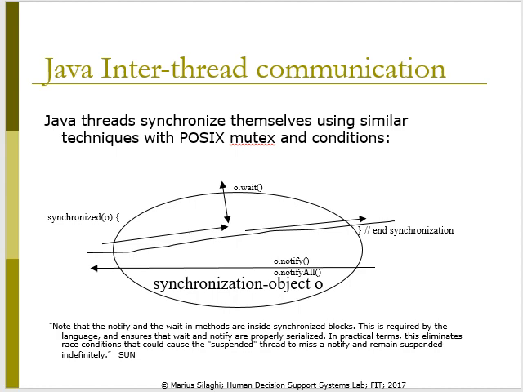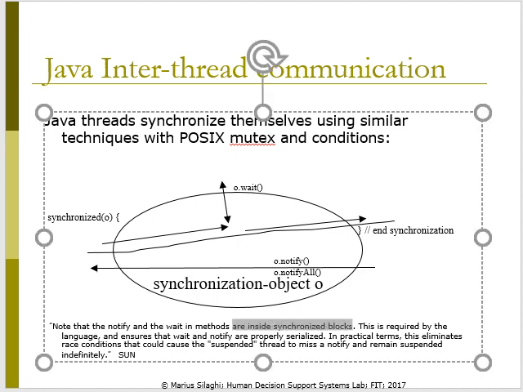And we have the methods object notify and object notifyAll, the equivalent of broadcast, that can wake up one or all threads that are currently blocked on some condition inside this mutual exclusion area. What you should note here is that the notify and the wait have to be inside the synchronized blocks.